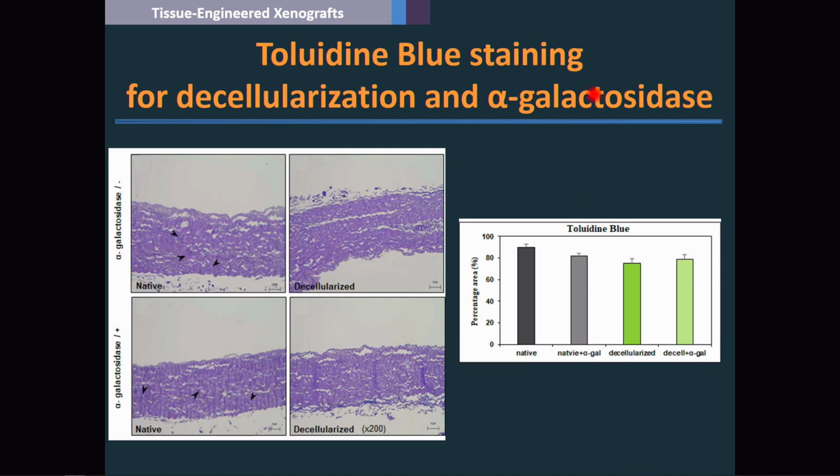Toluidine blue staining was performed for GAG, and glycosaminoglycan was not affected with our decellularization, and even when alpha-galactosidase was treated, the GAG percentage was not decreased.